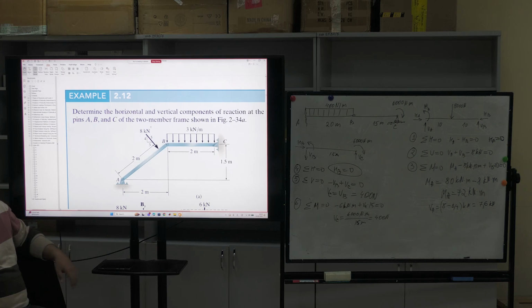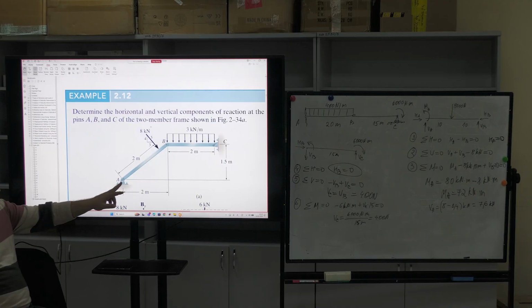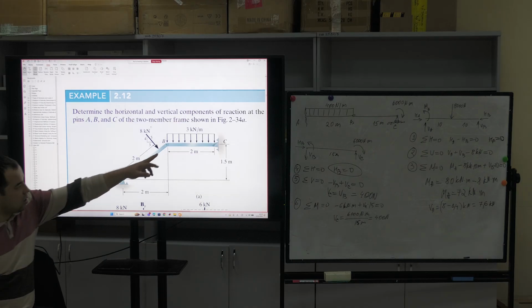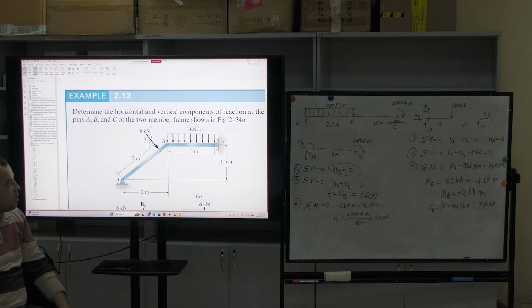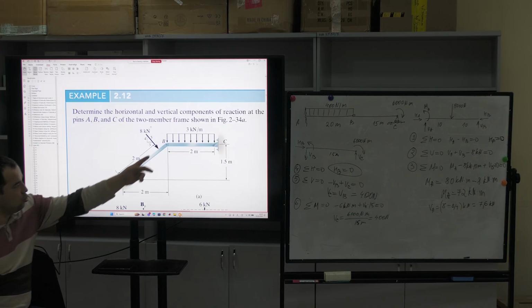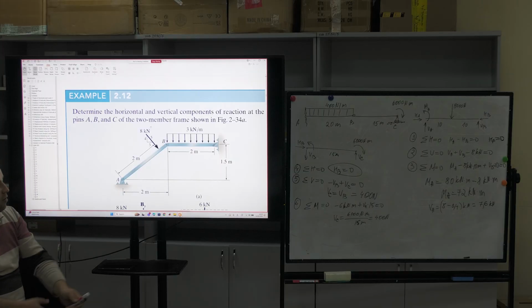How many beams exist here? Two beams, yes. This is what? Inner support. This is a hinge. This is? Okay. How many reaction forces exist? Two, overall 6. We have 2 beams and 6 reaction forces.